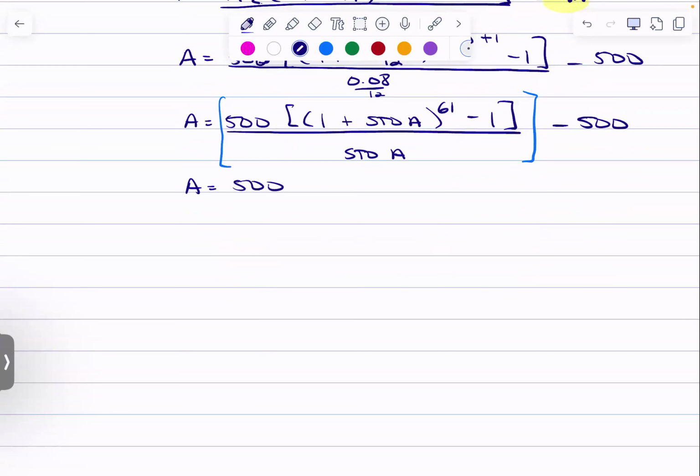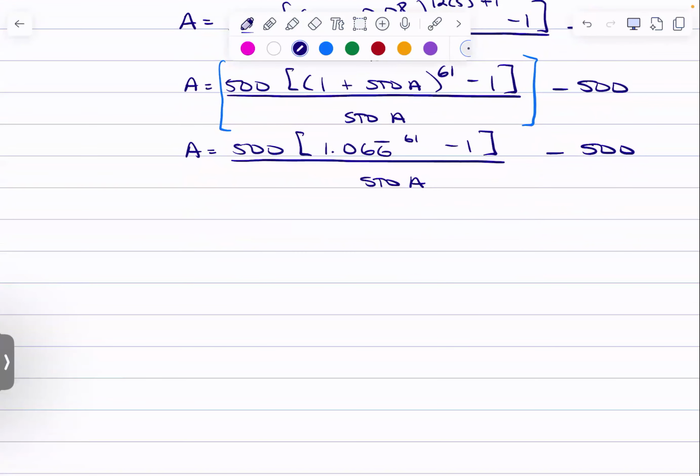A is 500 times 1 plus recall A, 1.066 repeating, to the power of 61, then minus 1, divided by stored in A, and then minus 500. To the power of 61, 1.499778013 minus 1.